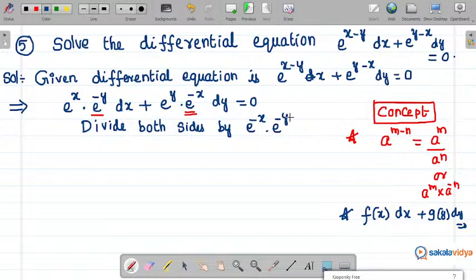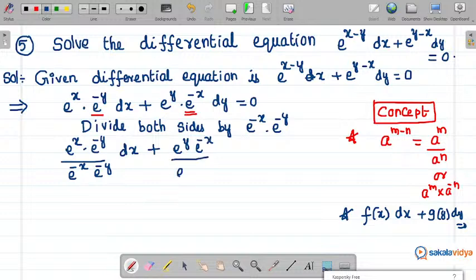Then what do we get, Mr. Ramakrishna and also Sai Kiran? We can write e power x into e power minus y divided by e power minus x into e power minus y dx plus e power y e power minus x upon e power minus x e power minus y dy equal to 0 divided by e power minus x e power minus y, you get 0.